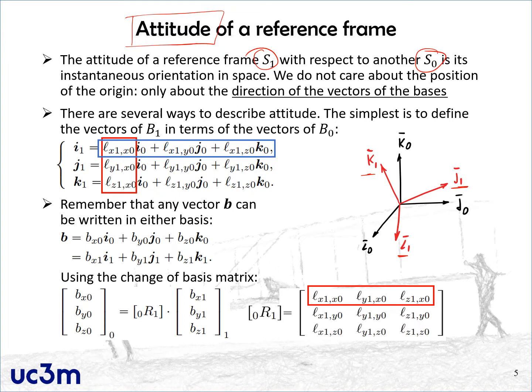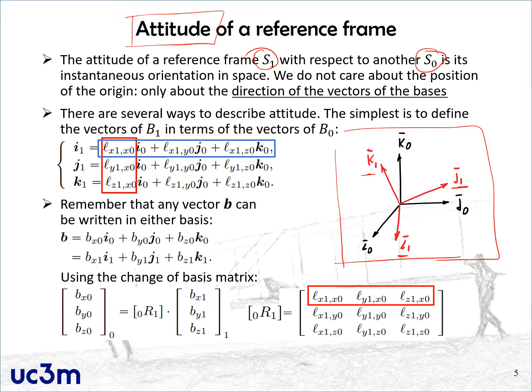Okay, so we can separate the motion of the origins from the motion of the bases. So even if the origin of the two reference frames is different and the two reference frames are moving with respect to each other, we can always plot the bases with the same origin, and that will certainly simplify our understanding of the problem. Okay.